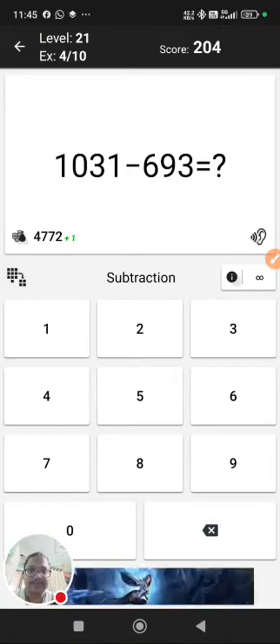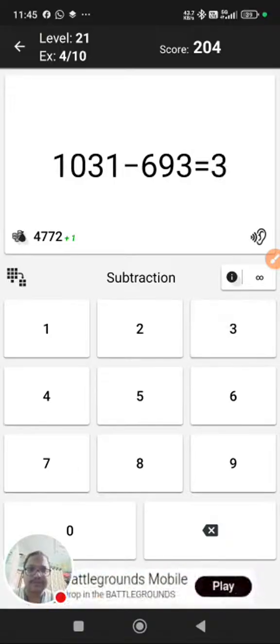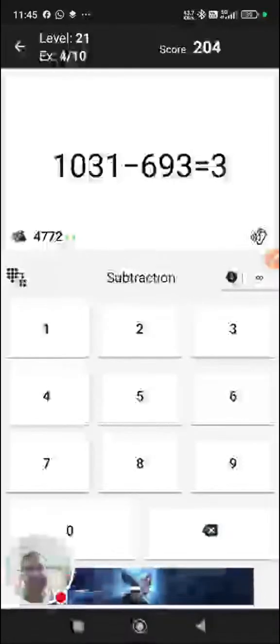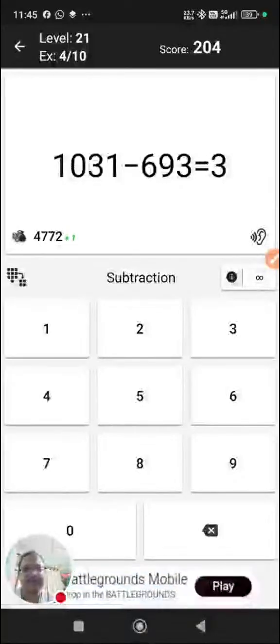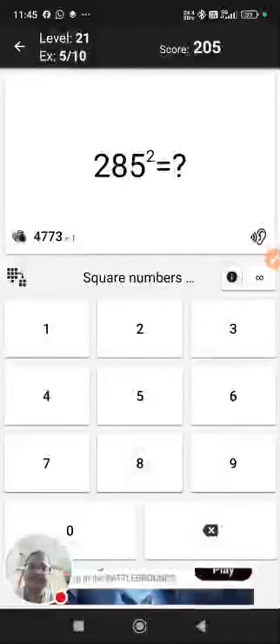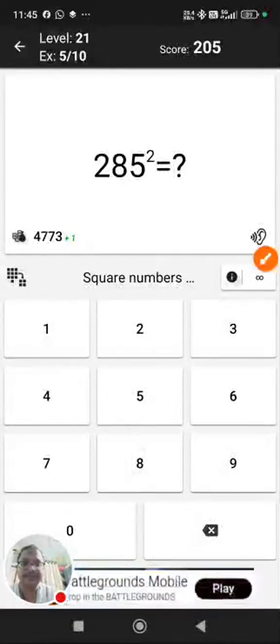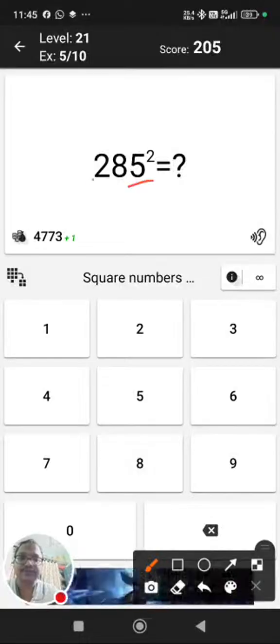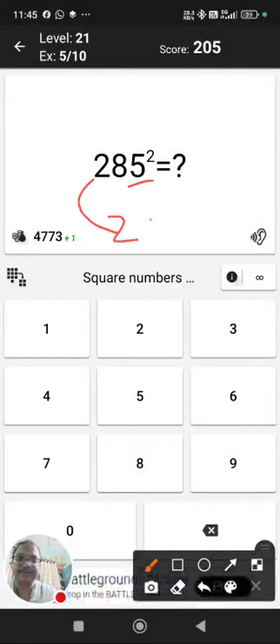Here the answer will be 348. Here we see the unit digit is 5, so what we do is 28 plus 1, which will be 29.